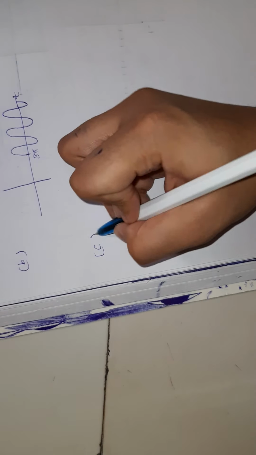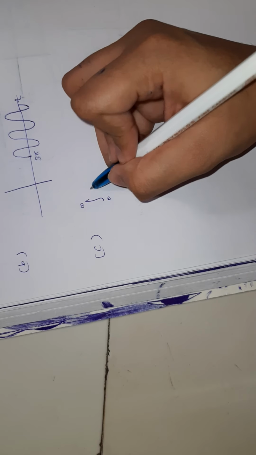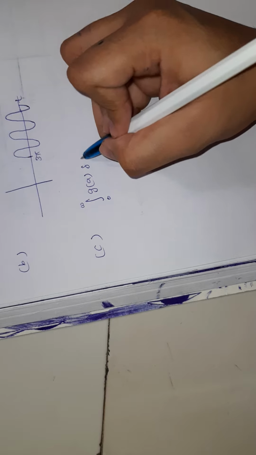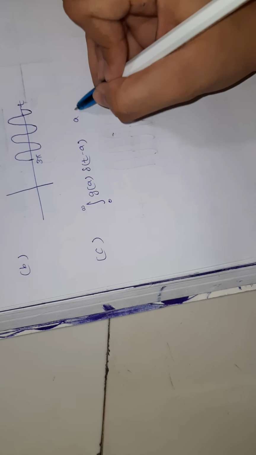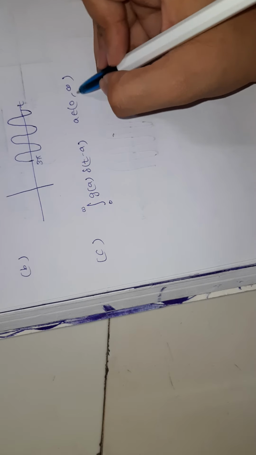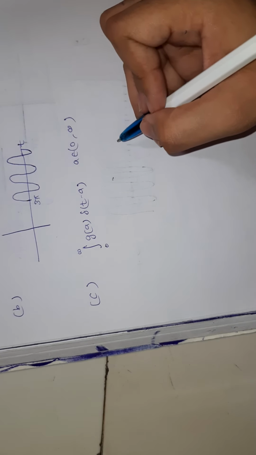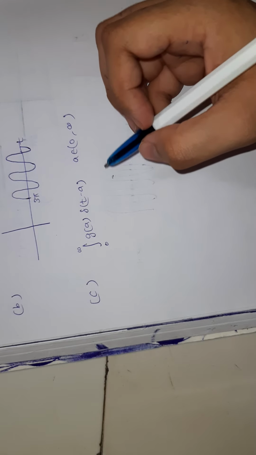Now we're supposed to solve the ODE and then sketch the graph of the solution. One important thing about the delta function is that if you have the integral from 0 to infinity of g(t) delta(t minus a) dt, and a has to lie between 0 and infinity, then by the definition of the delta function, the integral is g(a).